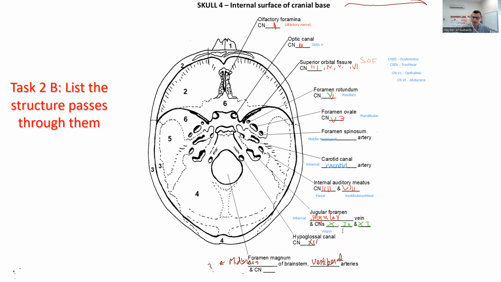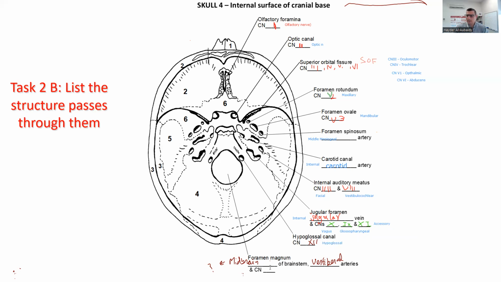And cranial nerve 9, glossopharyngeal. Excellent. And cranial nerve 11 is accessory. And then hypoglossal will be the last one.